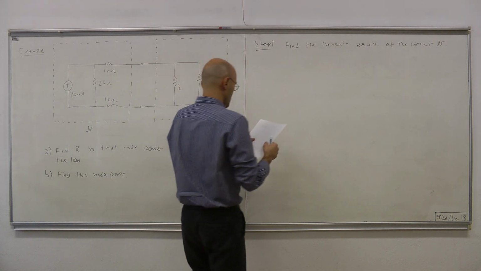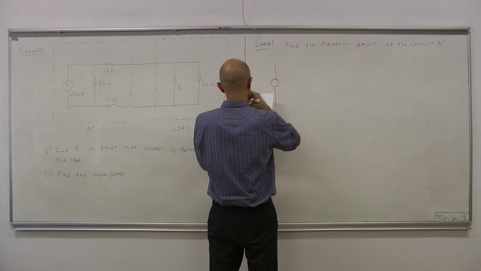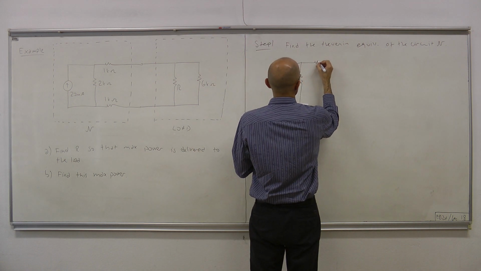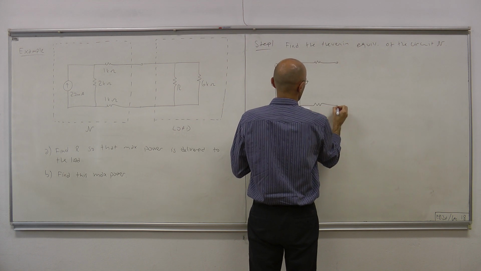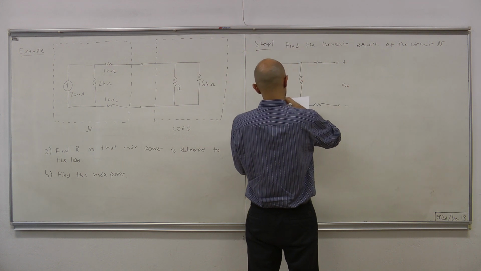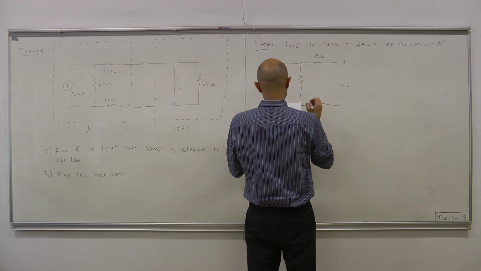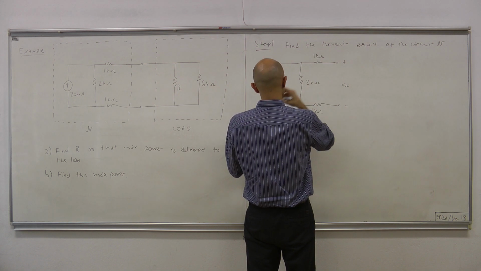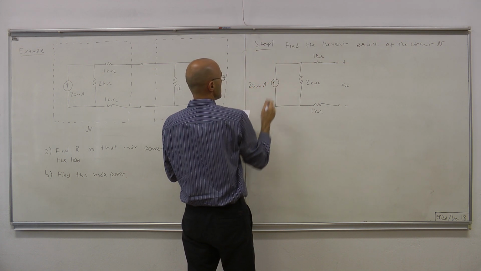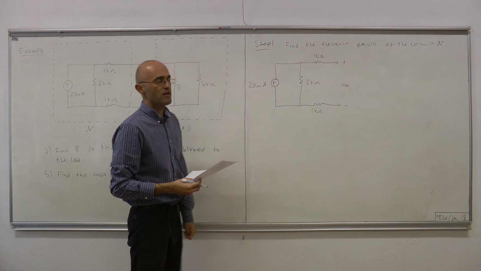That's one way to go. So let's figure out the open circuit voltage. So we're interested in this voltage, which will give us the Thevenin voltage.